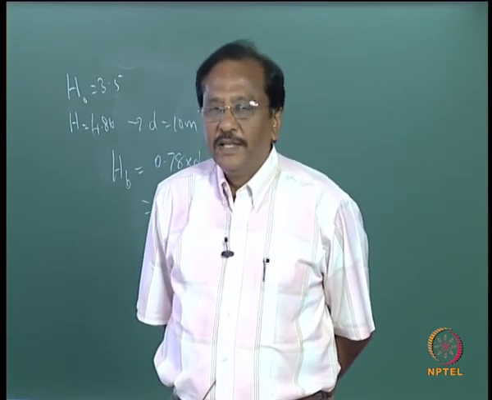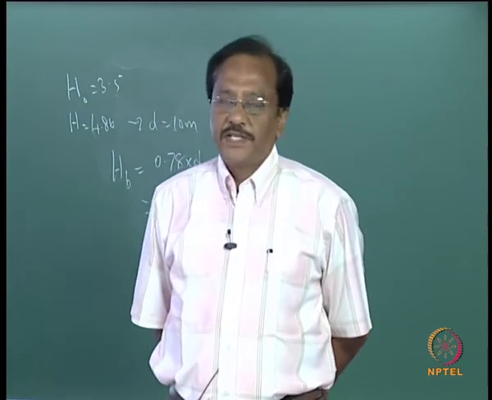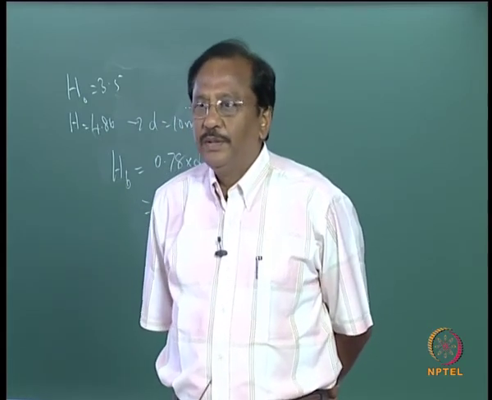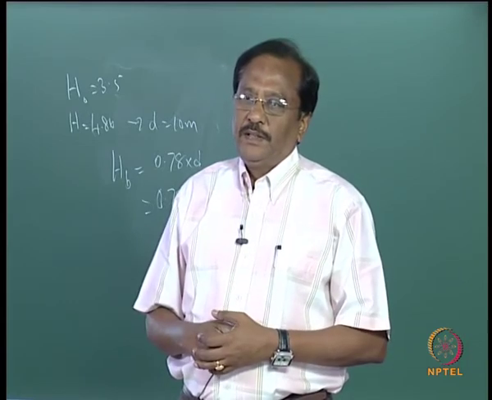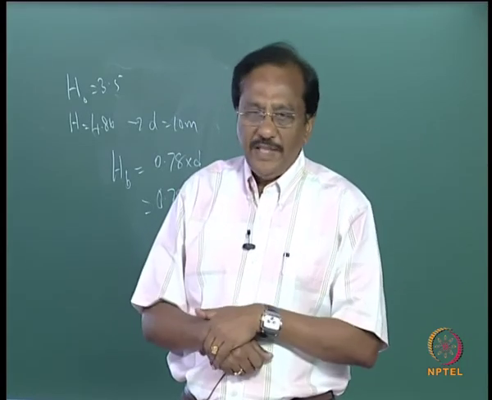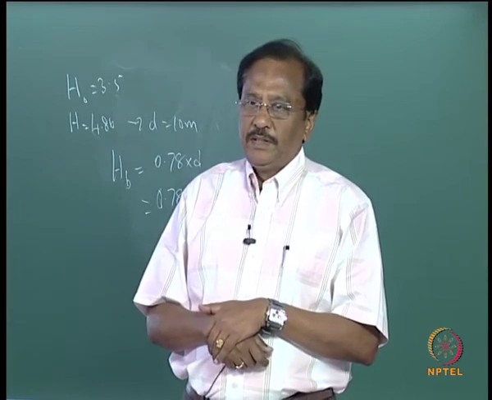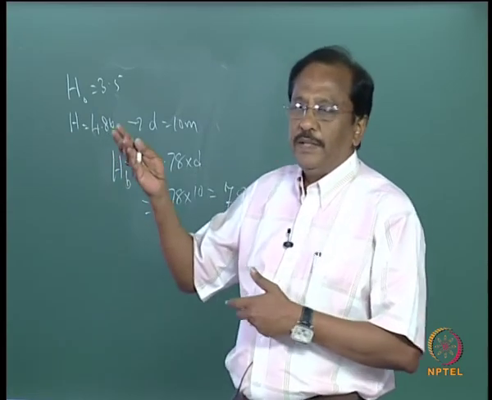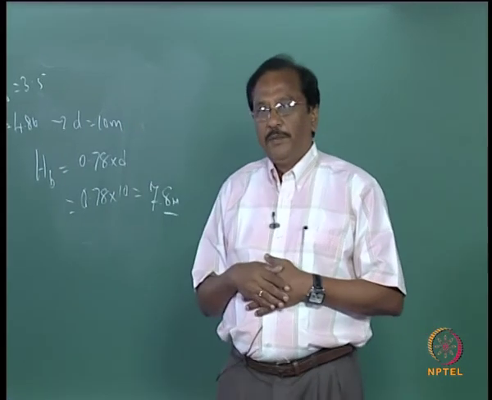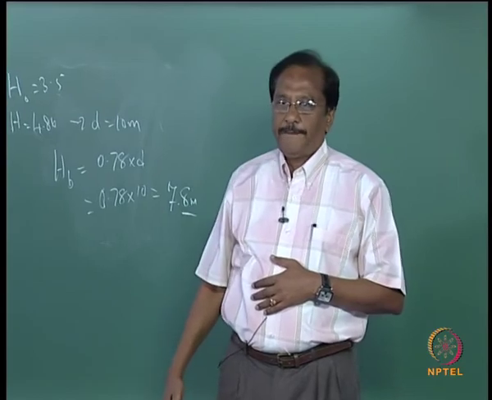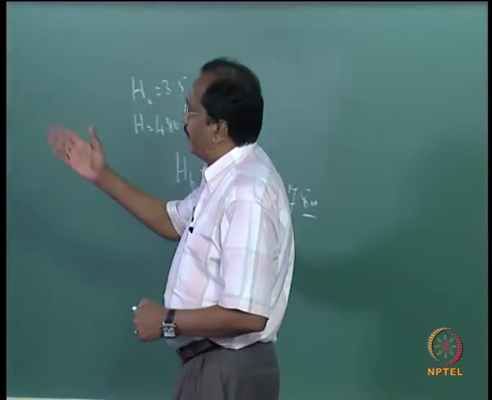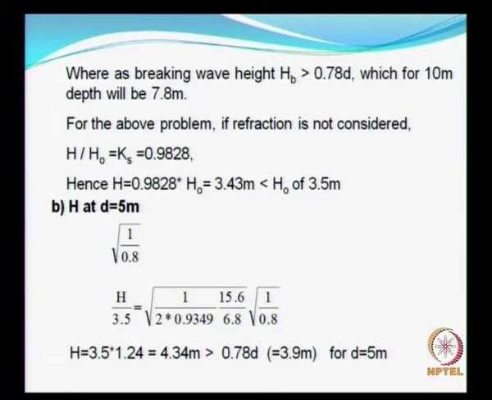Wave height can increase or decrease in shallow waters compared to its value in deep waters. It depends on the variation in the bathymetry. Earlier we did not consider the bathymetry variation, we just considered that it is a slope. Here also if we do not consider the variation in the bathymetry, you see that the wave height in 10 meters water depth is less than the deep water wave height.